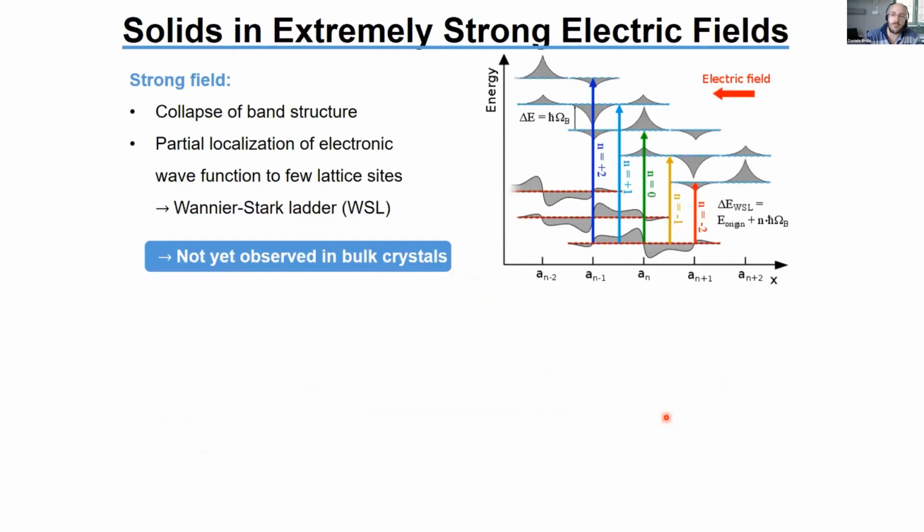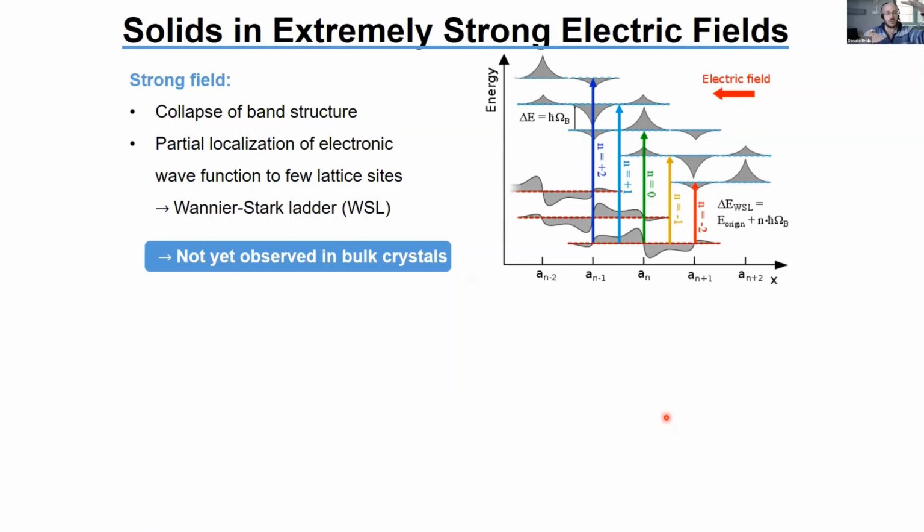What happens if we pump even more, if our field becomes stronger and stronger? At that point, the alignment of the electronic levels of each atom that makes up the band structure will be lost. You don't have anymore the periodicity along the direction in which you're applying the electric field to be able to define a band, because you don't have anymore the overlap between atomic orbitals.